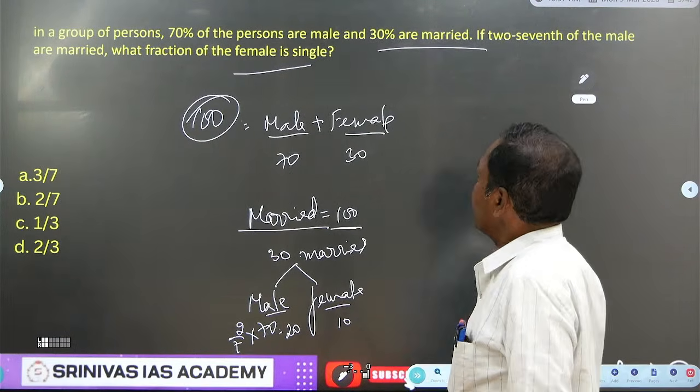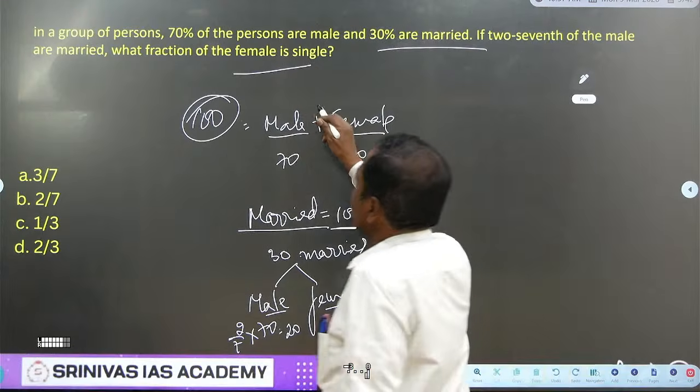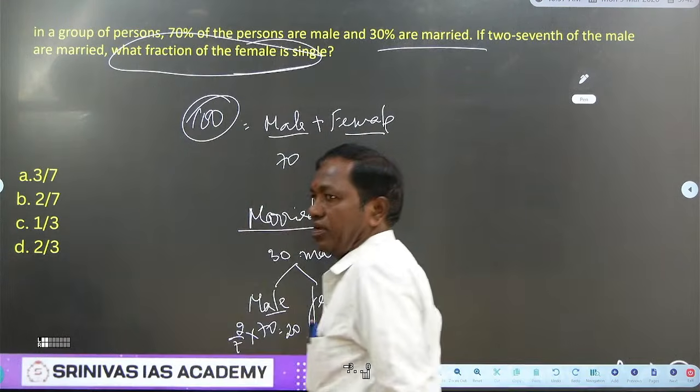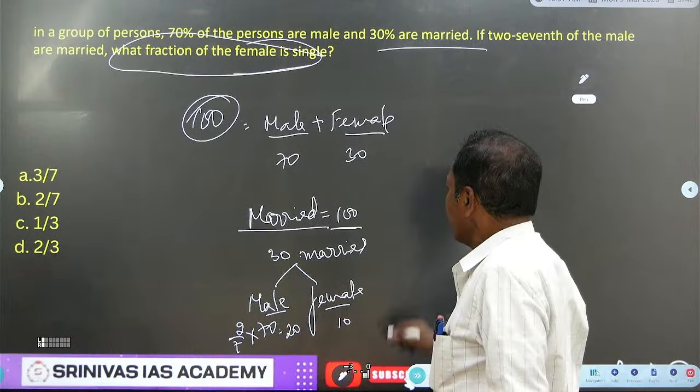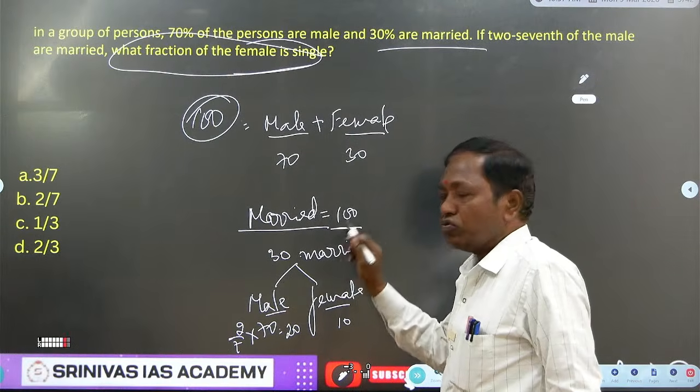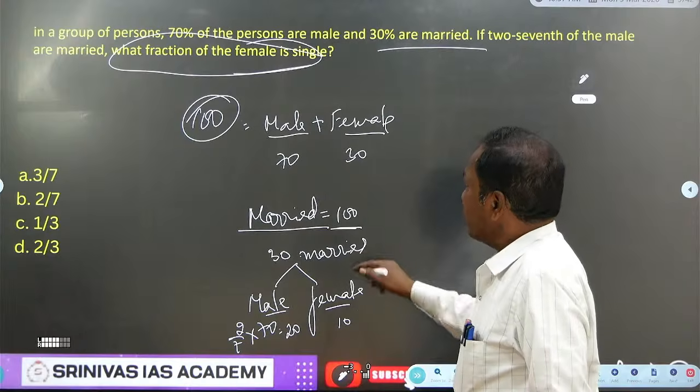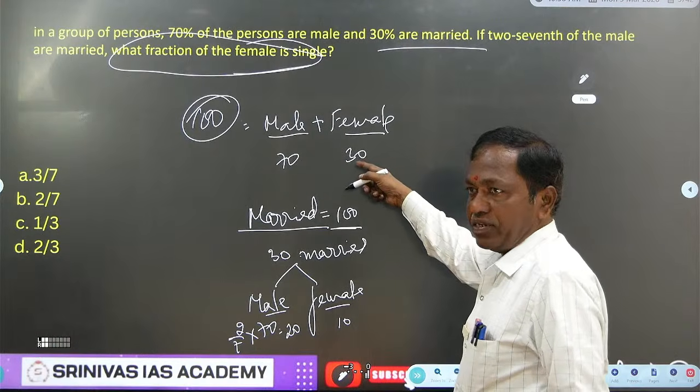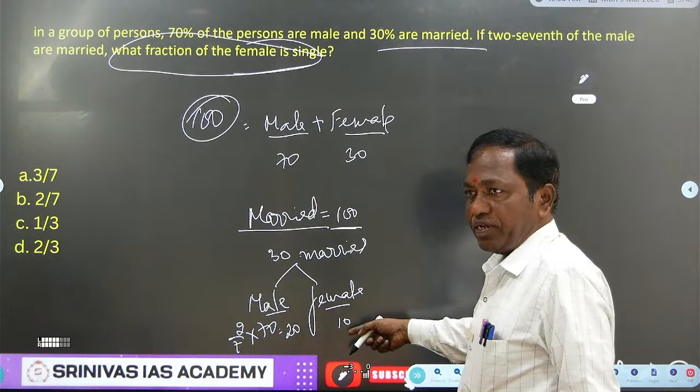Now, what fraction of the female is single? The question is all about only female. Total female is 30. Married female is 10.